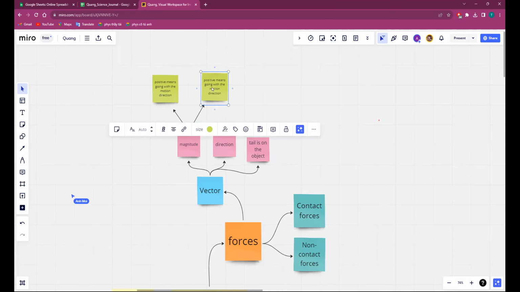Negative means going against the motion direction.